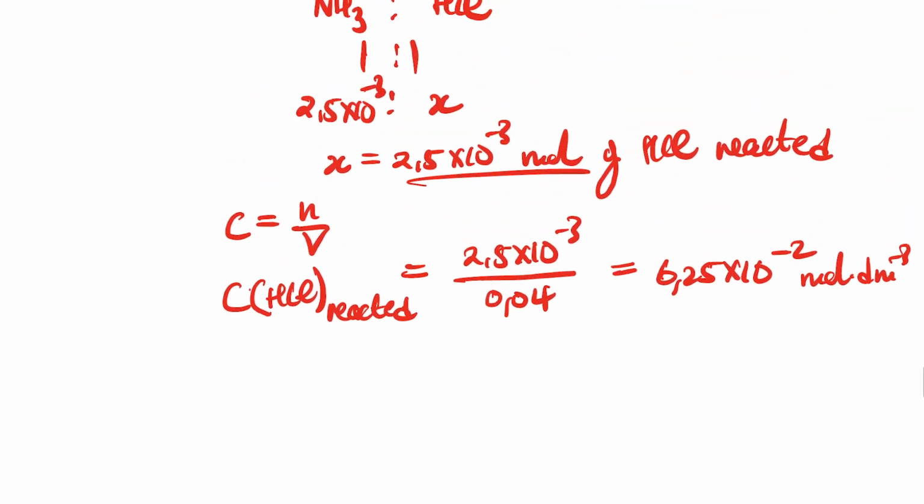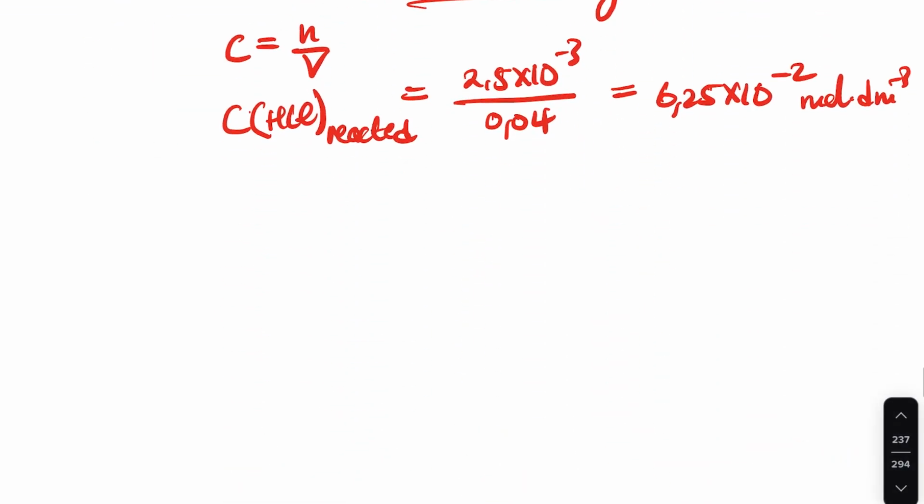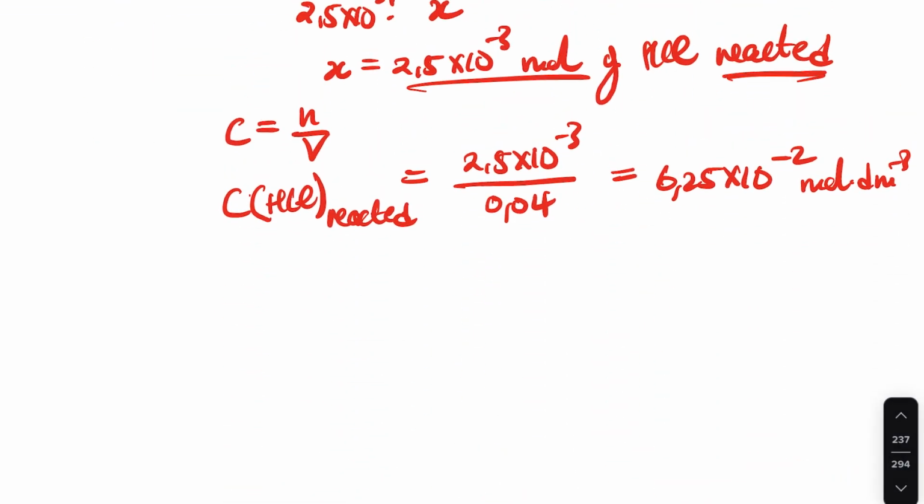Now we have the initial concentration of the HCl. This was the initial. So we want the pH. To get the pH, we must get the excess. To get the excess, we have to take the initial minus the amount reacted.